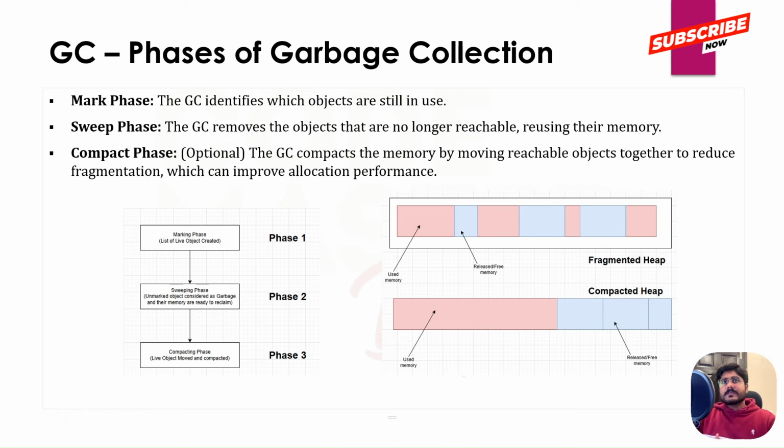In the second phase, sweep phase, garbage collector would remove all the unnecessary objects which are not being used in the application anymore. It will remove those objects from the memory, and make that memory available for other new objects. Third one is the compact phase. In the compact phase, garbage collector would compact the memory and make the memory available for the other objects.